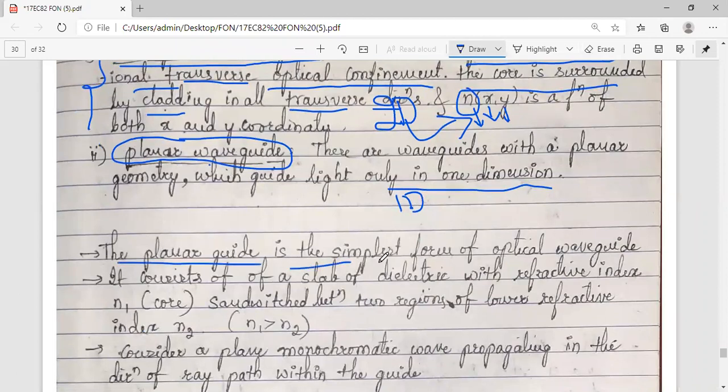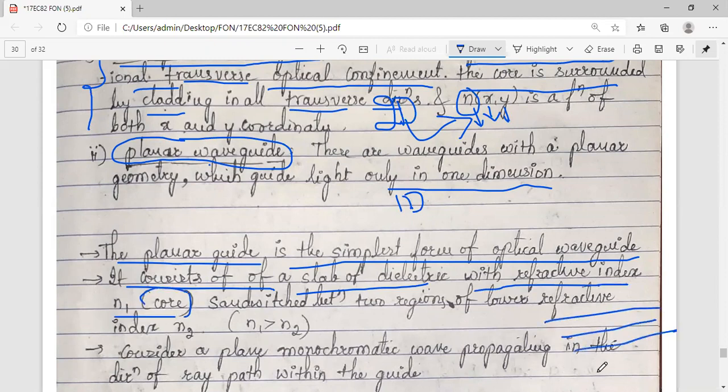The planar guide is the simplest form of optical waveguide. It consists of a slab of dielectric with a refractive index N1, that is for the core. The structure we have been using till now for any of the derivations is nothing but a planar guide, wherein this is the central core and the outer part is cladding.